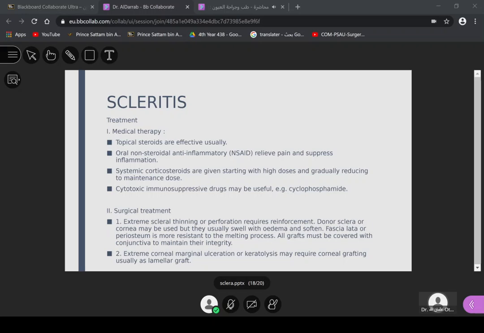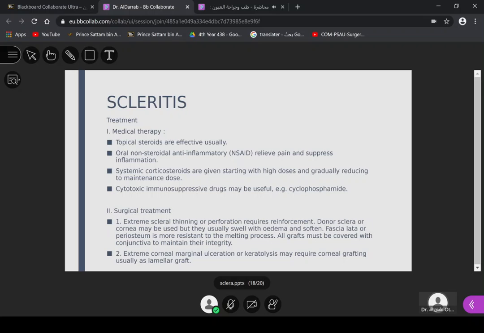Of course these are systemic. Surgical treatment is very extreme. You can just cover the area, and if it is thin it is very difficult. Extreme sclera thinning or perforation requires reinforcement. Donor sclera or cornea may be used, but they usually swell with edema and so on. Extreme corneal marginal ulceration or keratolysis may require cornea grafting.